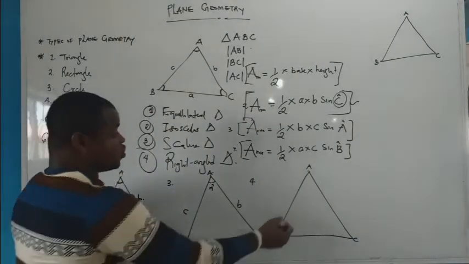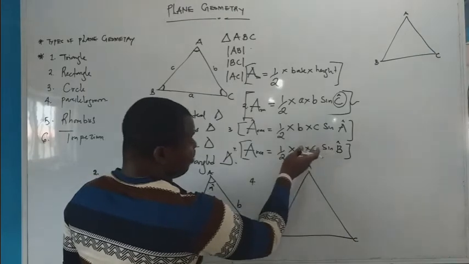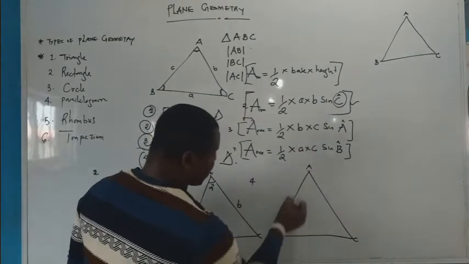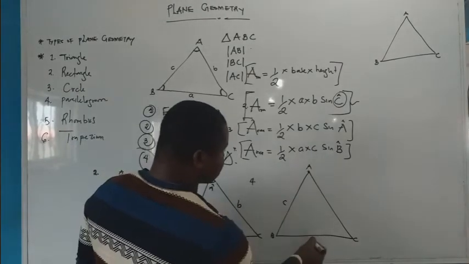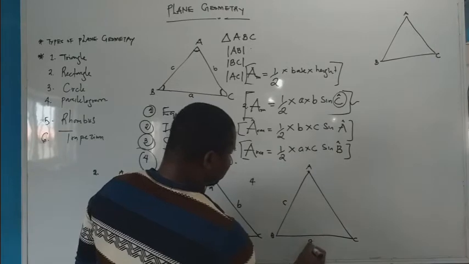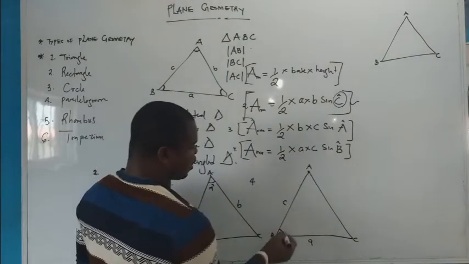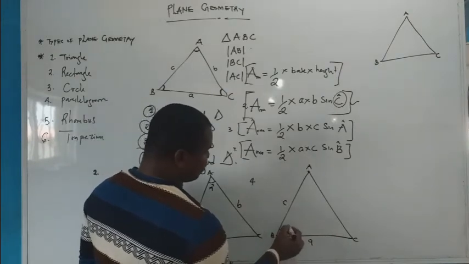So you are applying half a times c sine B. This point C facing the side is going to be c, then this point A facing the side is going to be a. Then you must be given angle B. You can see sine B, angle B. Is that clear? So we have angle B.